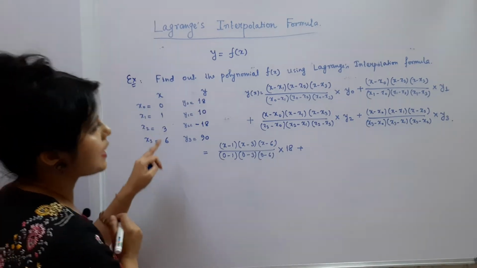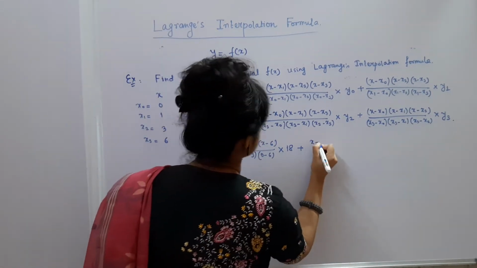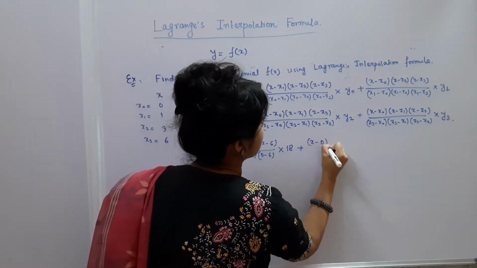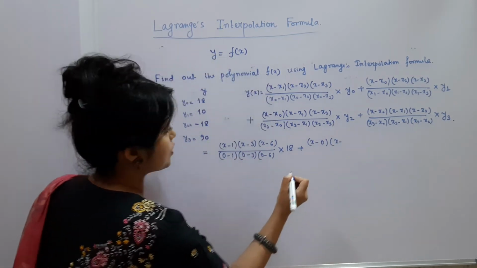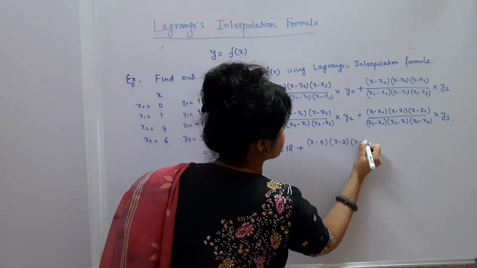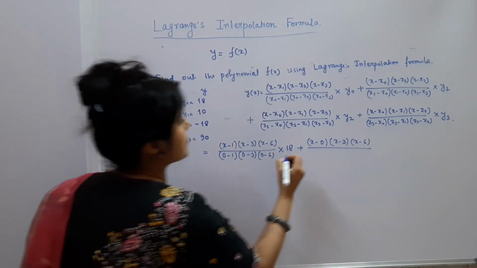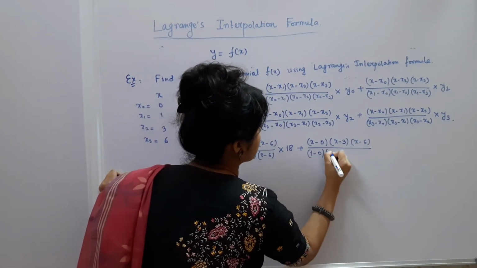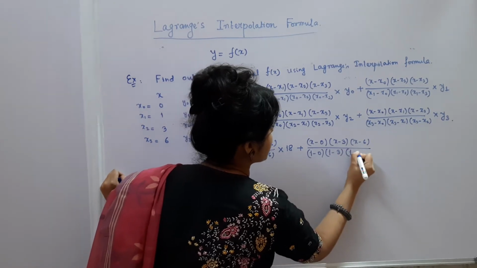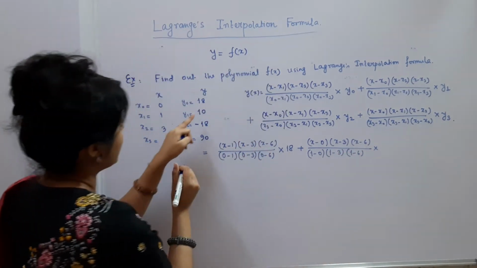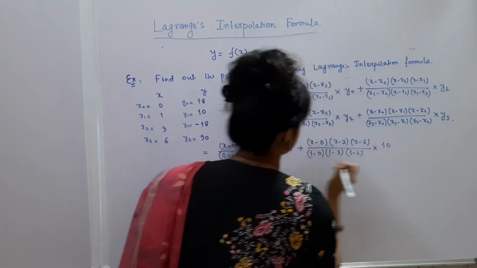Now in the next term, x minus x0 is 0, and x minus x2 is 3 and x minus 6, and in the denominator all the terms will be subtracted from 1. So 1 minus 0, 1 minus 3, 1 minus 6, into 10.